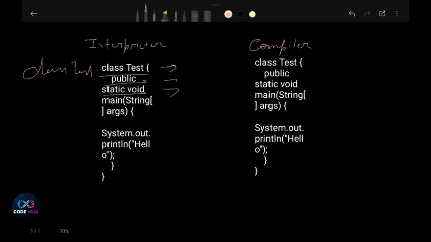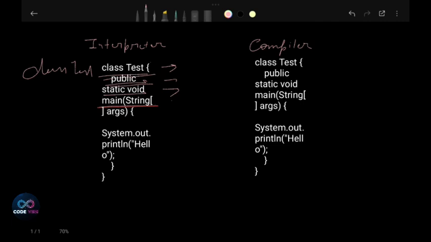If interpreter finds an error, suppose in this line, then it will stop over here. Again it will interpret from the first line, then read it and interpret it. So due to this procedure, interpreter is slow.